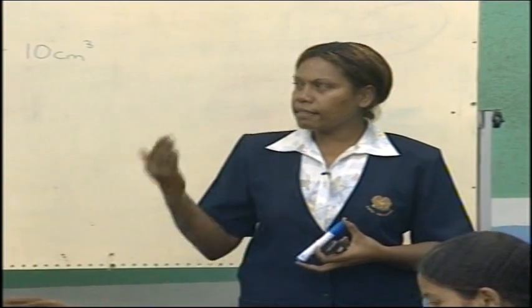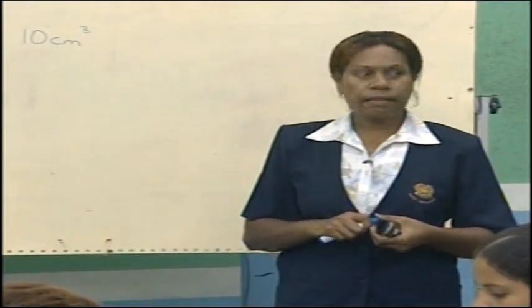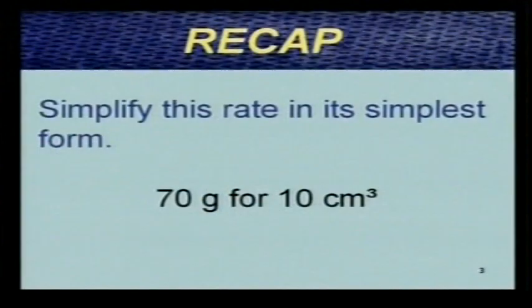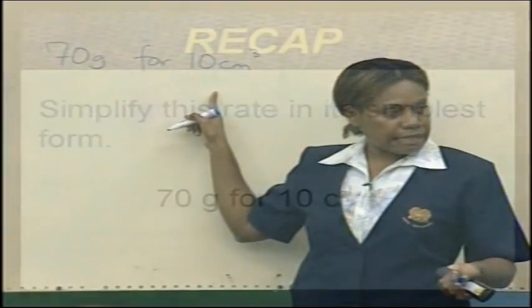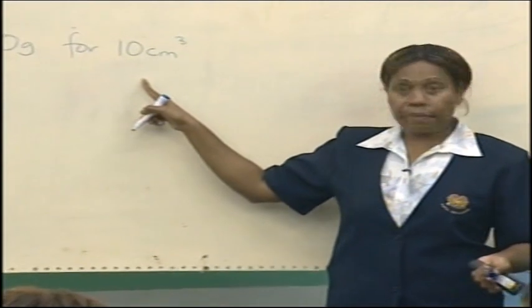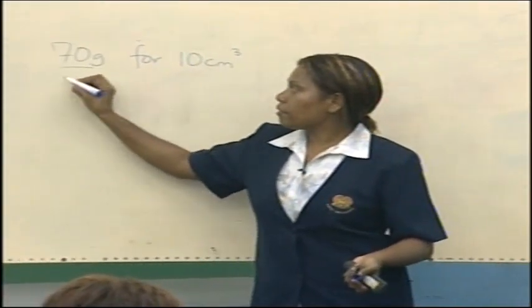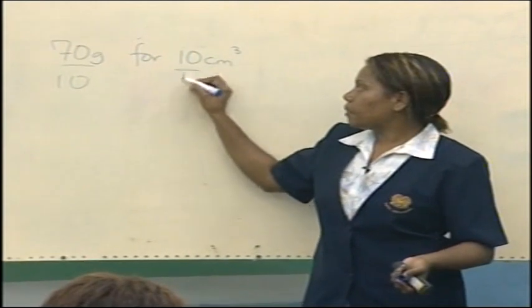When you simplify it, all right, if we were to simplify, okay, I'm going to divide, just like when you are dividing ratios or you divide fractions. Okay, class? So I'm going to divide these two numbers by 10. All right, class, by 10. So 70 divided by 10, 10 divided by 10.